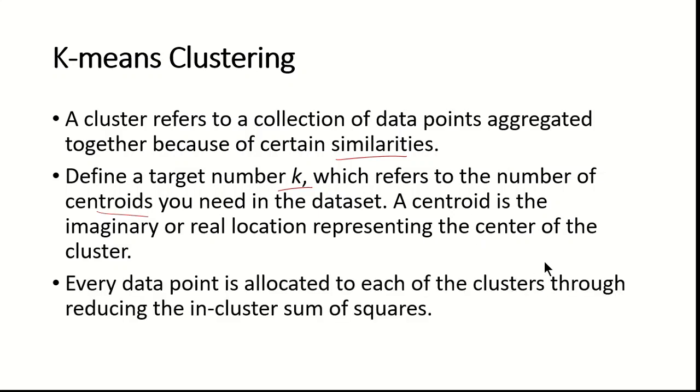Every data point is allocated to each of the clusters by reducing the in-cluster sum of squares. So we organize the data under different clusters based on the sum of squares, by reducing the sum of squares.